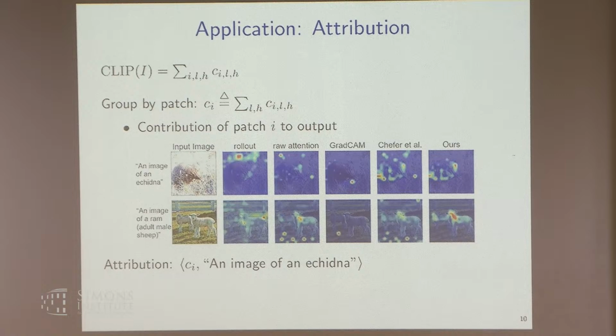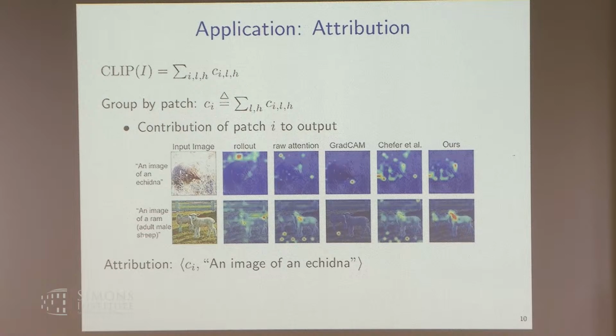Well, I could take the dot product of that vector with the embedding of different text. And now for each element in the image, this is going to give me a number that says how much that patch thinks this is, for instance, an image of an echidna. In general, this is probably the nicer one to look at.